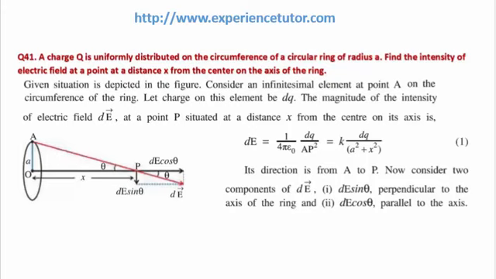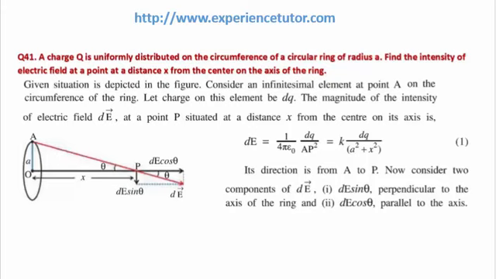Find the intensity of the electric field at a point at a distance x from the center, on the axis of the ring. The given situation is depicted in the figure.